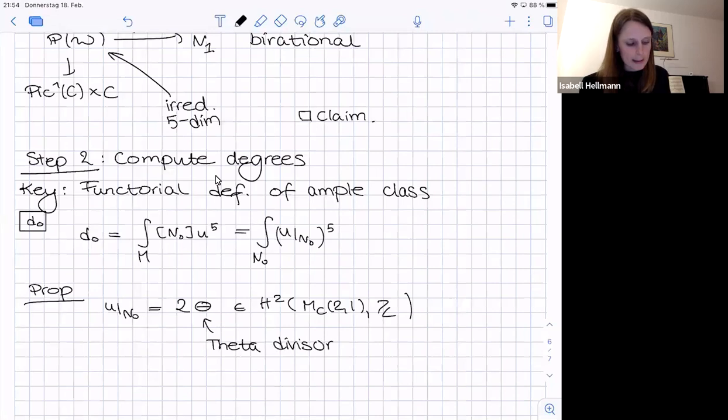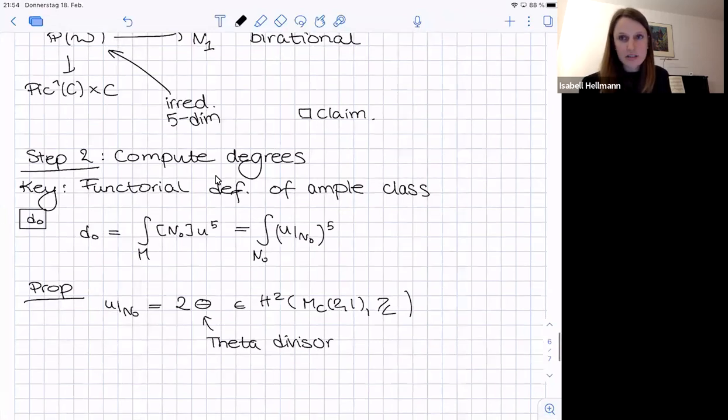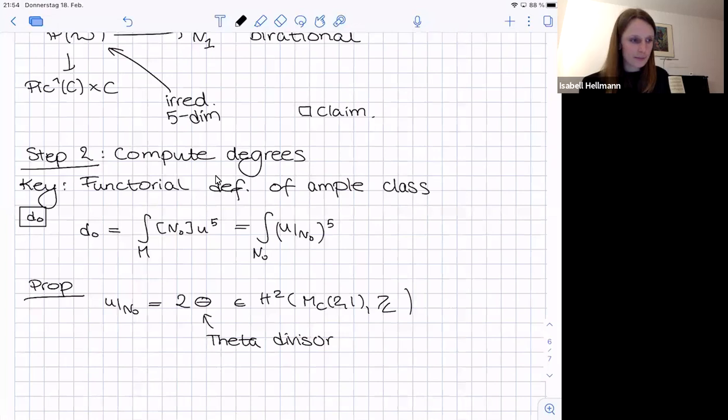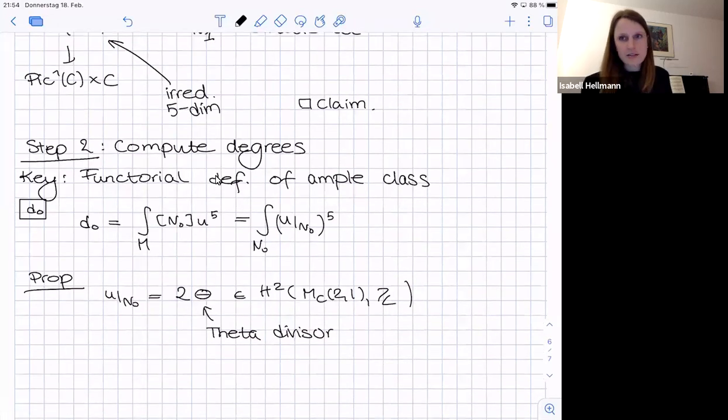So this is just a generalization of the theta divisor, you know, for the Picard scheme. If you fix n and d such that the Euler characteristic is 0, then this is the jumping locus where h0 is non-zero.